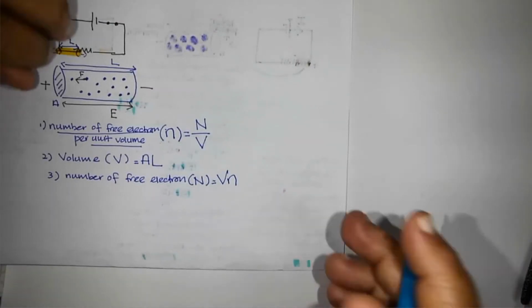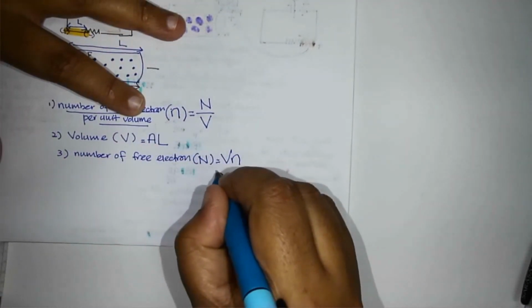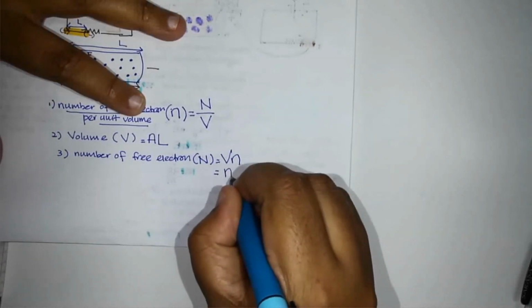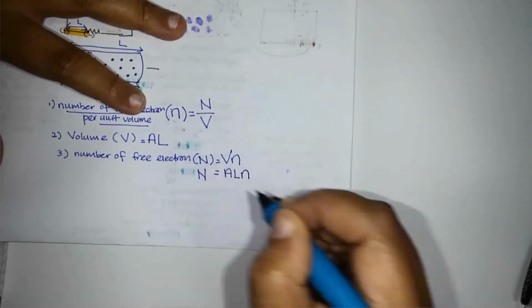Correct? And what is V? V is AL. So capital N equals AL n.